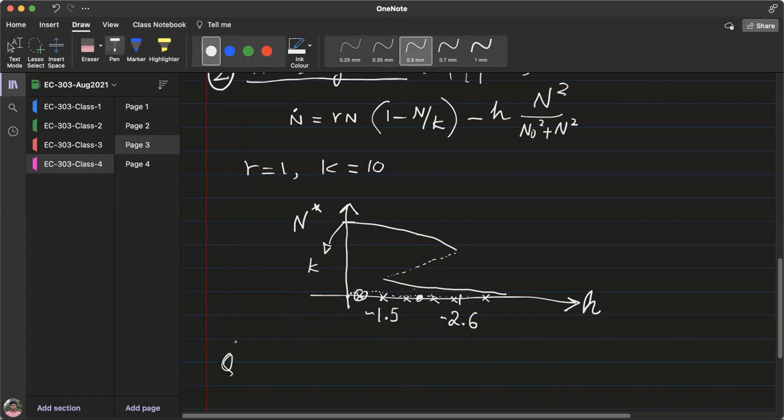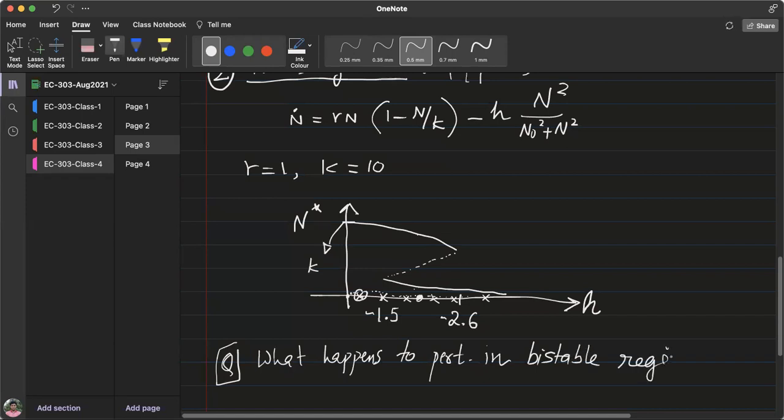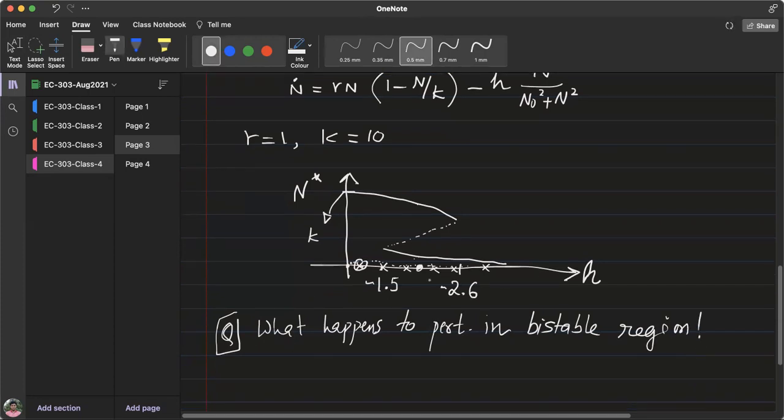What do you think will happen? So the interesting question to ask here is, what happens to perturbation in the bistable region? Because there are two stable states.